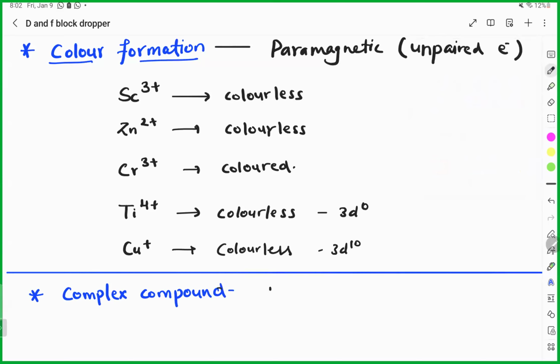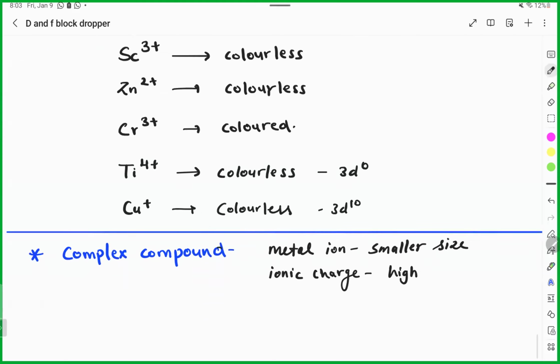There are a few reasons. One is the metal ion is smaller in size. Metal ion is very small. Second, ionic charge is high, and this is really important. If ionic charge is more, then size will be small. They can easily accept the electron. And third thing you already mentioned, availability of d orbital.